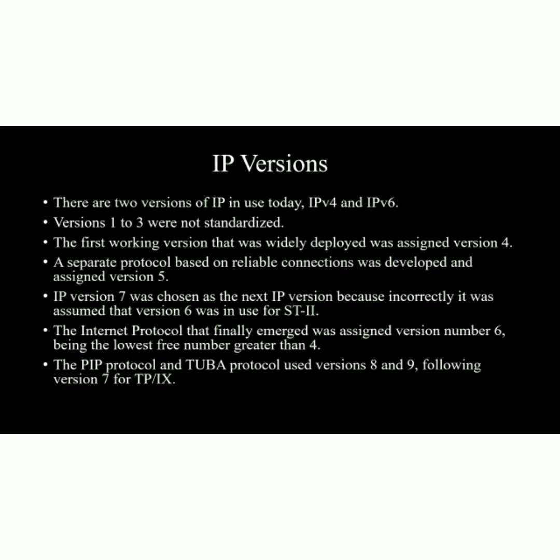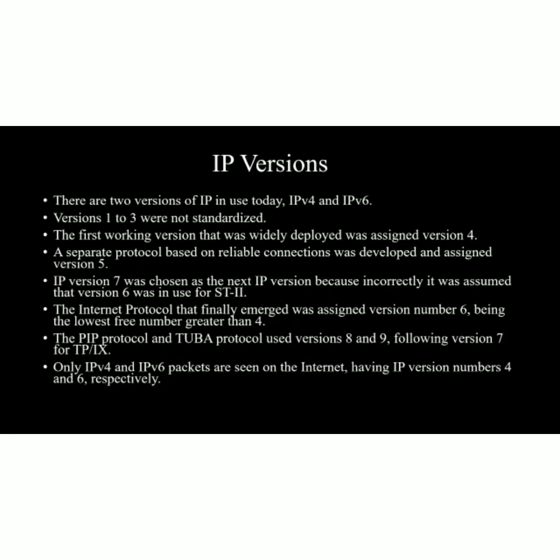The PIP protocol, which means Private Internet Protocol, and the TUBA protocol, which means TCP/IP UDP with bigger addresses protocol, used versions 8 and 9, following version 7 for TPIX. Only IPv4 and IPv6 packets are seen on the internet today, having IP version numbers 4 and 6 respectively, which we are going to see further in detail.